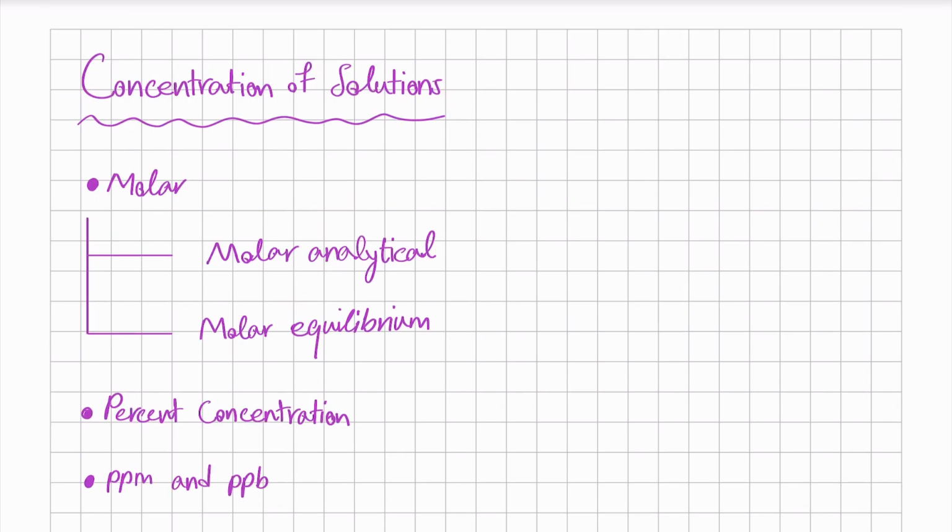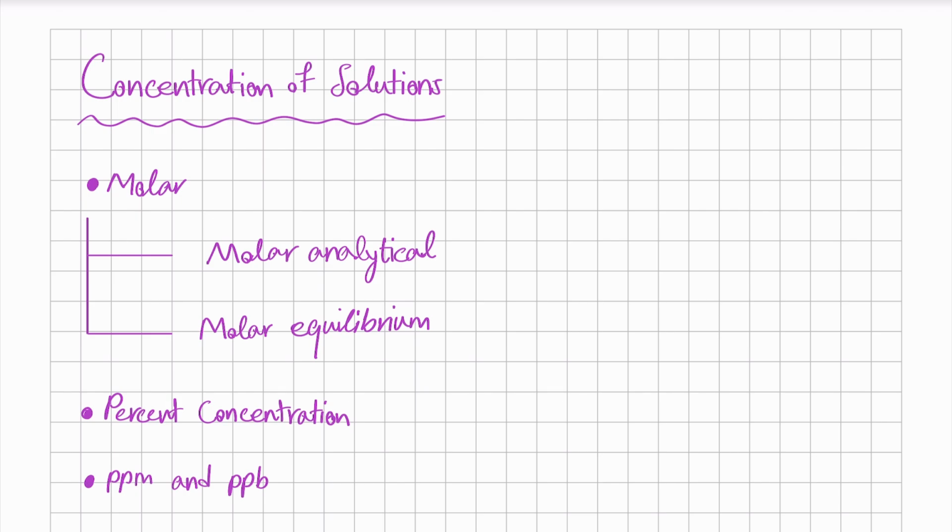Our next topic is concentration of solutions. In analytical chemistry, we usually use 4 or 5 different kinds of concentrations with different definitions and meanings. Now, let's check them. The first one is molar concentration, which is divided into two groups, molar analytical and molar equilibrium concentration.